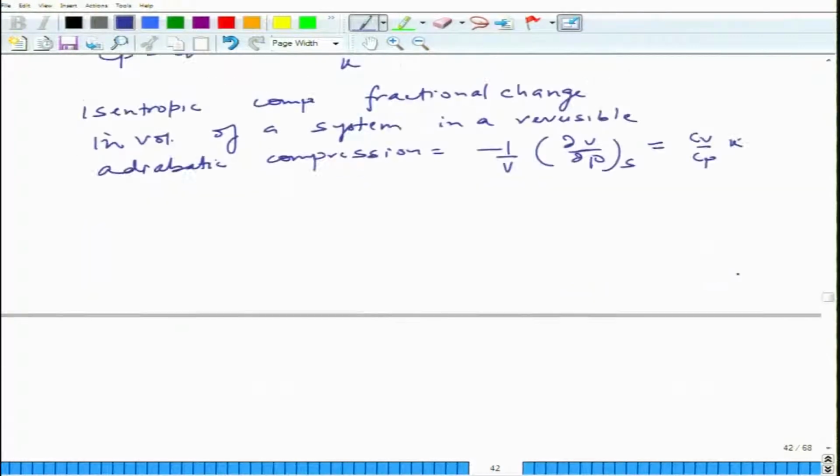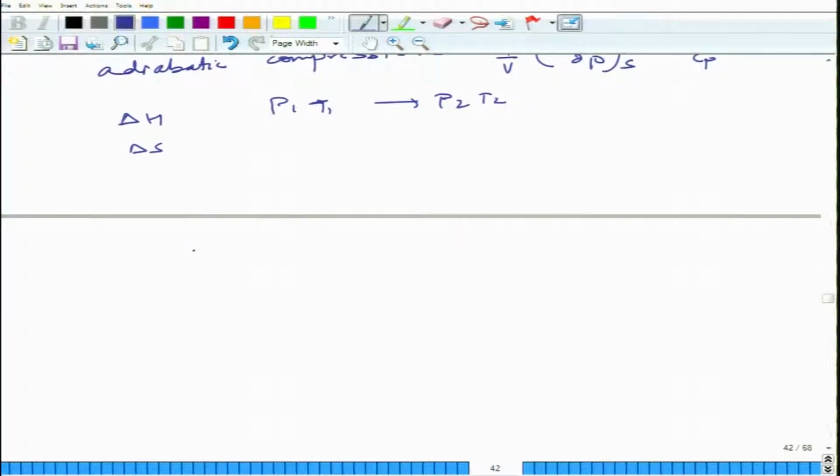The way we derived delta U, in a similar way you can calculate the expression for delta H, going from P1 T1 to P2 T2, and similarly for delta S in terms of measurable quantities. Let me put down the equation.